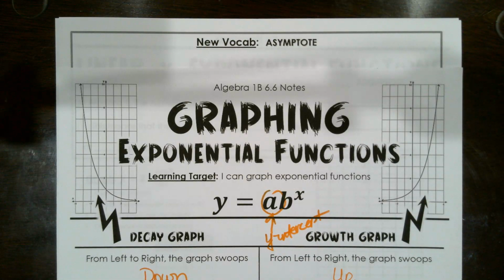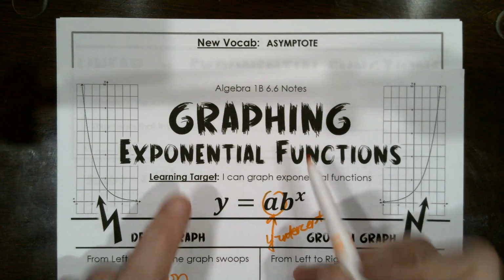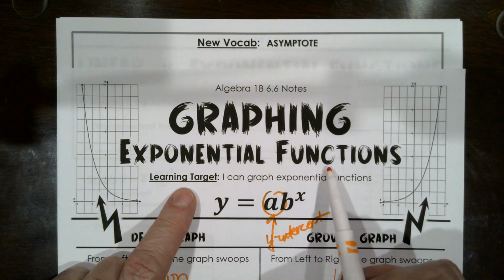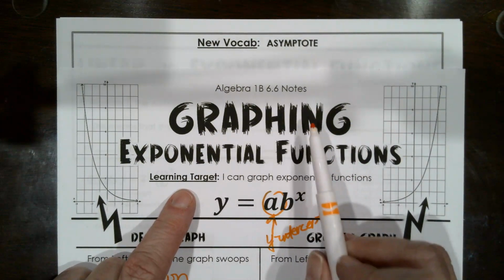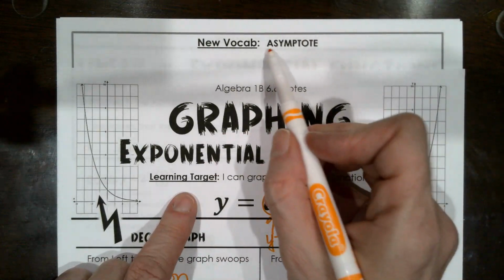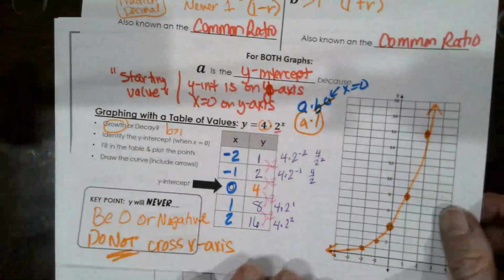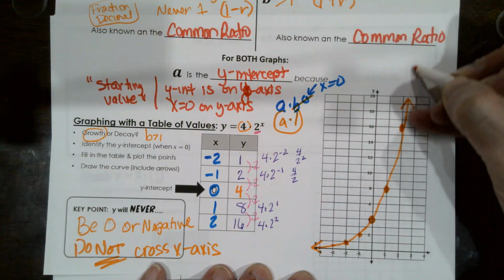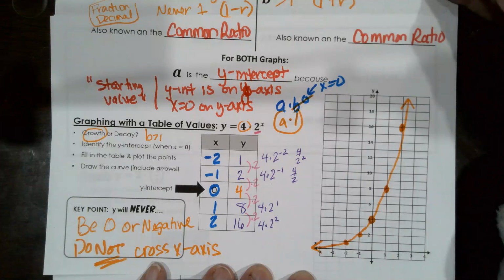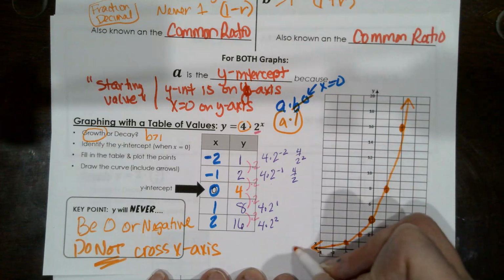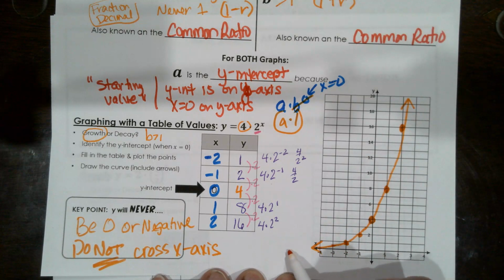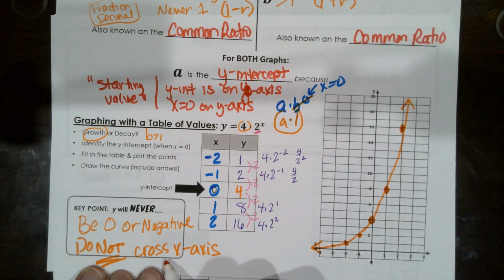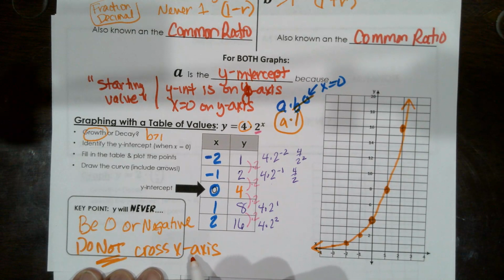All right, so we are starting the back page of our graphing exponential functions notes. Before I talk to you about this new vocabulary, I just want to reiterate what I said at the very end of the last video: as our graph goes, it's going to swoop up and keep getting bigger and bigger. But if we go toward the negative numbers, this graph is never going to touch or cross the x-axis.